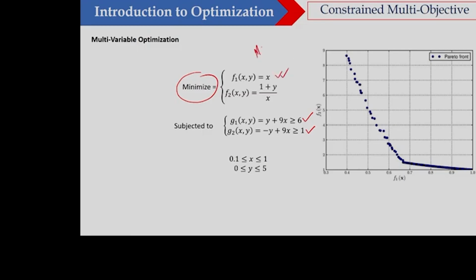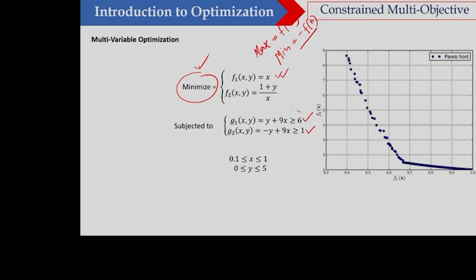If your problem is a maximization type problem, then you have to convert it to a minimization type problem, which is equal to minus of your f(x). Suppose I have maximization of f(x), then I can do minimization of minus f(x). In this case the objective functions are minimization type.